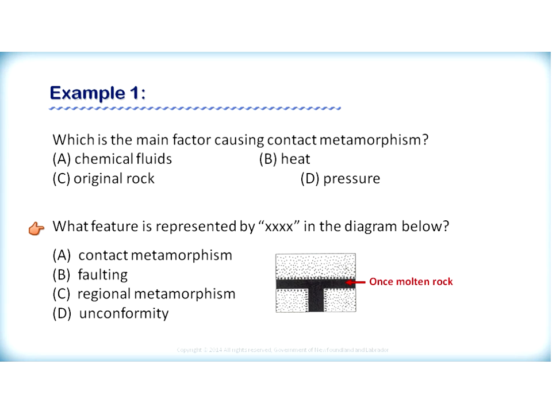Second question states, what feature is represented by the X's in the diagram below? If we look at the diagram to the right, we have an area of once molten rock. We see X's located below the once molten rock, and we see X's above the once molten rock.